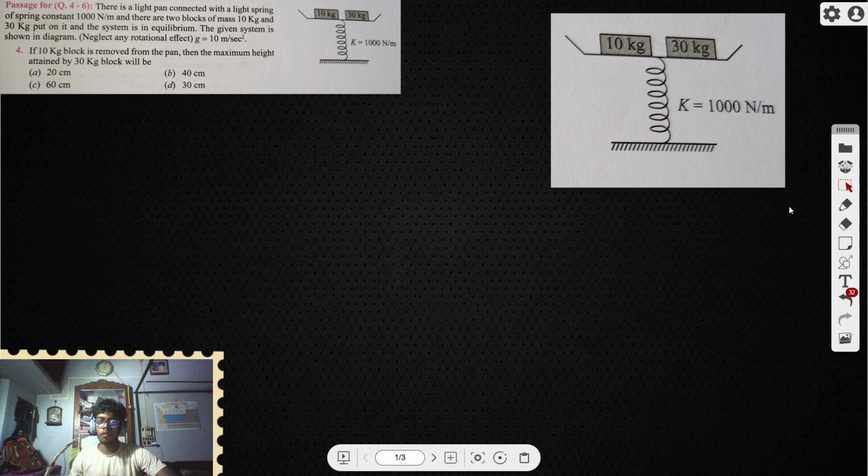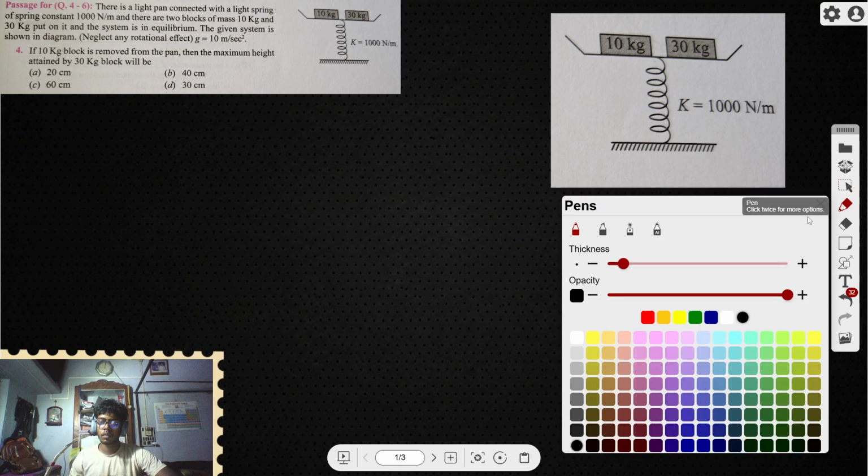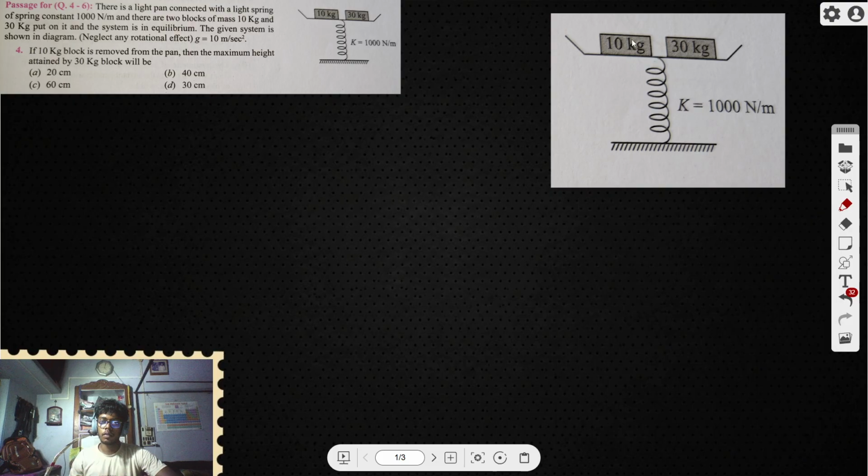If I remove this 10 kg block, this 30 kg block will go up, right? Because the spring will lose some weight, so its compression will also release, so it will go up.